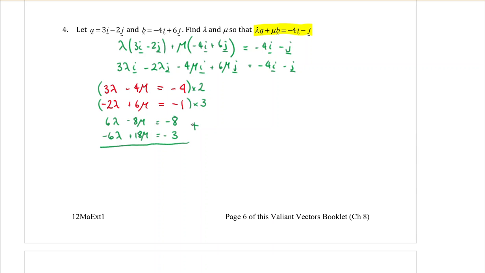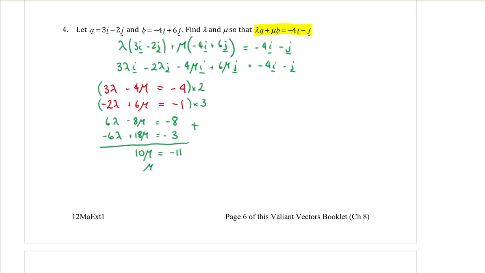So minus 8 plus 18 is going to make 10 mu, and minus 8 plus a minus 3 will make negative 11. Yeah, unfortunately they're not nice numbers.